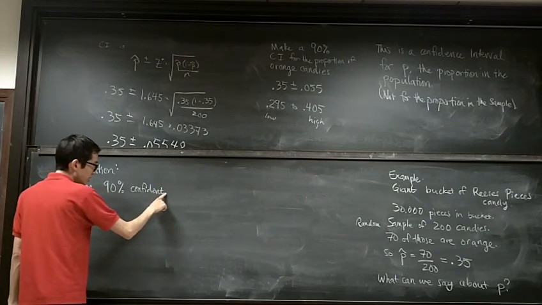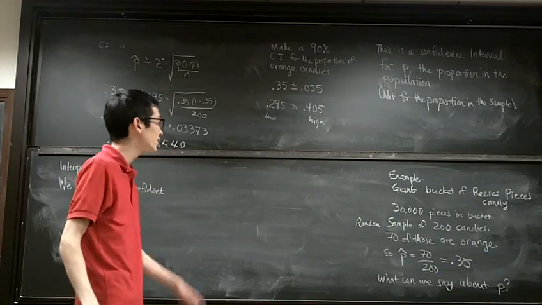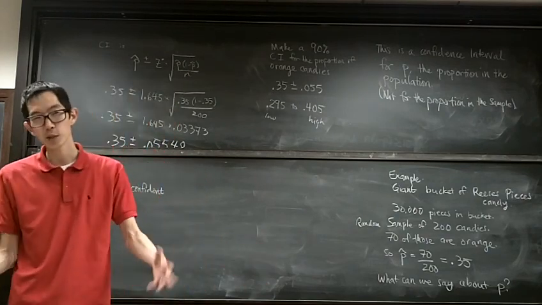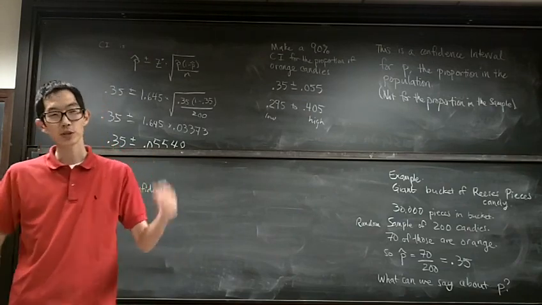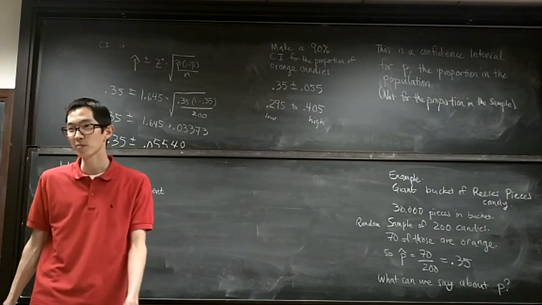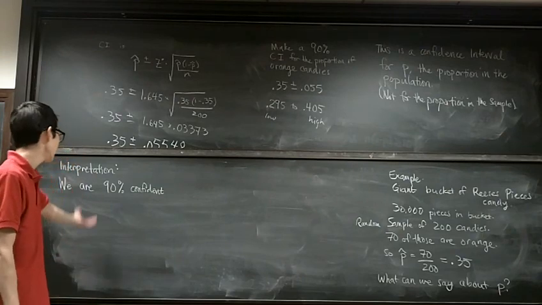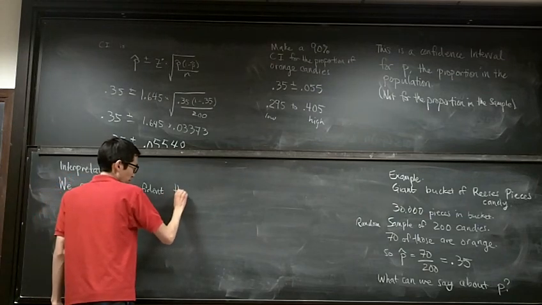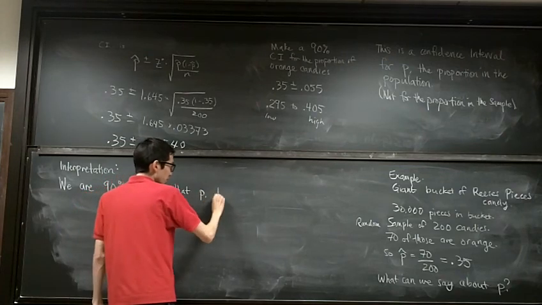So our sample was 35%. And I said, okay, we're going to give ourselves some breathing room, 5.5%. So that gives me a range between 29.5 to 40.5%. Someone says, how confident are you that P is in there, between 29.5 and 40.5? I say I'm pretty confident. In fact, I'm 90% confident. We are 90% confident that P, and what does P represent?